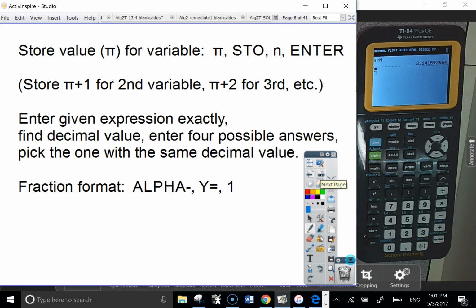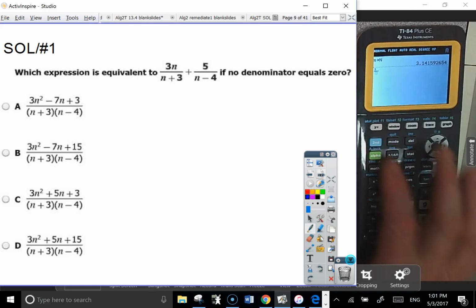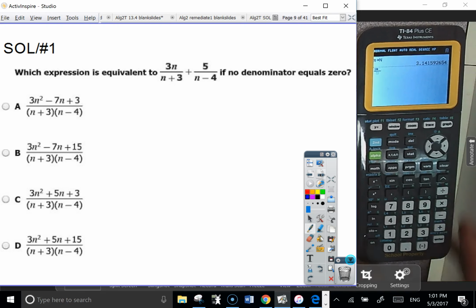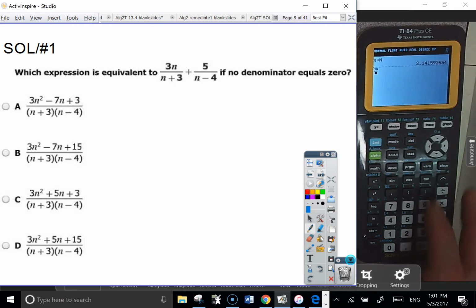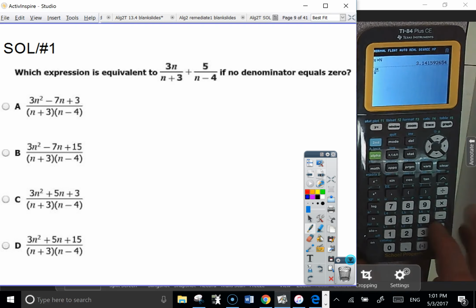Okay, so let's go back and see how this process works for that same problem that we just did. So I've already stored n equals pi. So now I'm going to put that given expression in the calculator. I've already got my fraction format up, so I'm going to go 3 alpha n, arrow down to the denominator, alpha n plus 3.